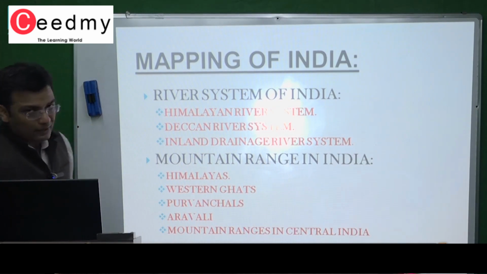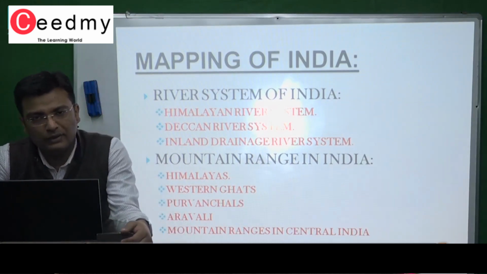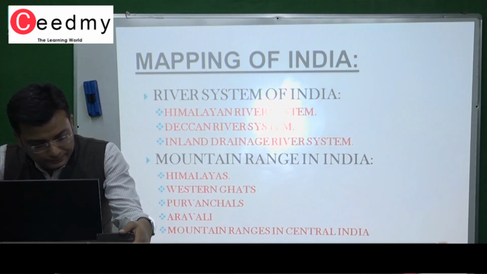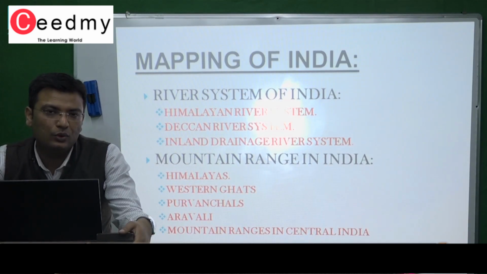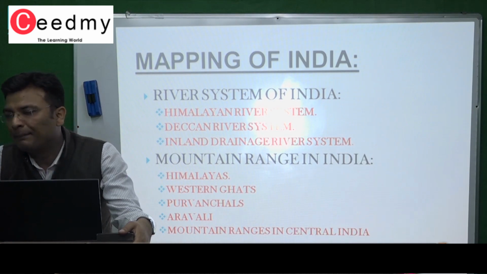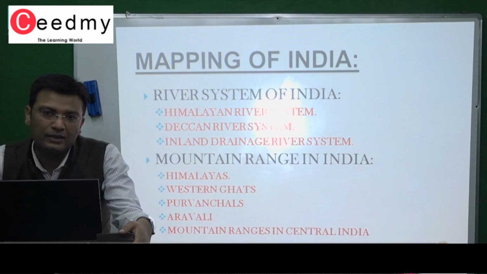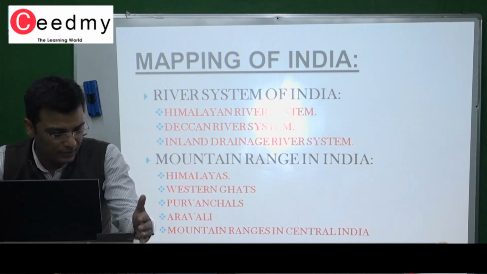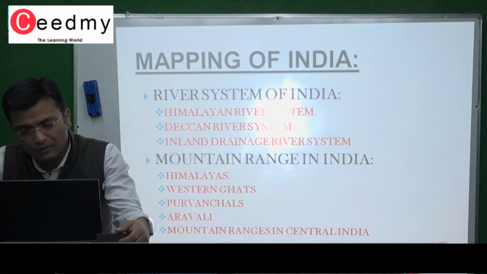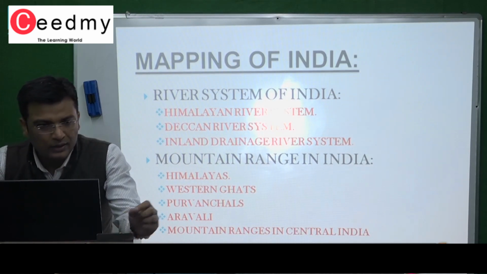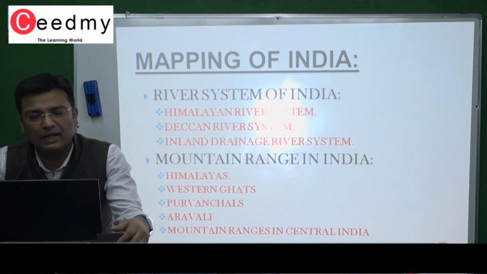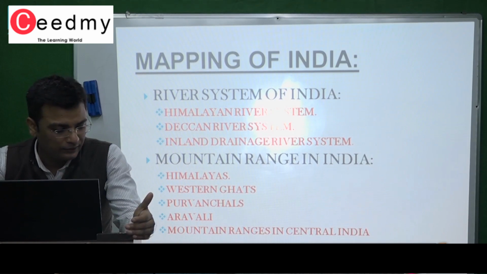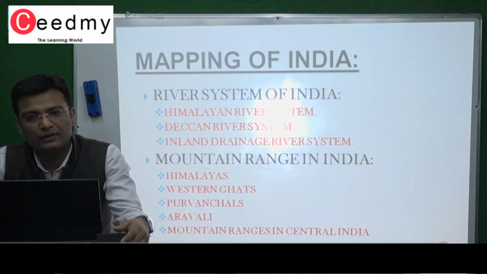I will cover each and every important aspect of these river systems, their major tributaries, and the facts related to those tributaries, like important dams, power plants, and important sanctuaries which lie on the bank of that river, because in prelims UPSC asks questions like: from Kaziranga National Park, which of the following rivers flows?